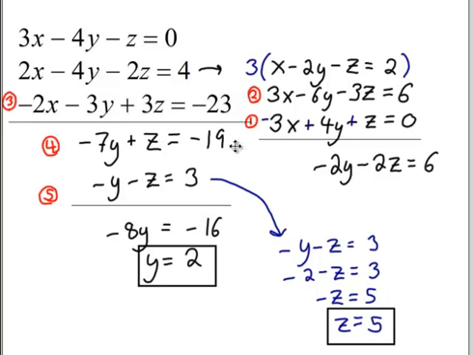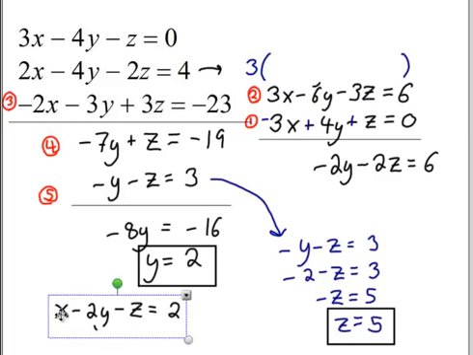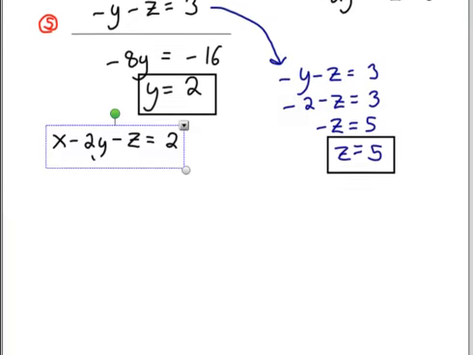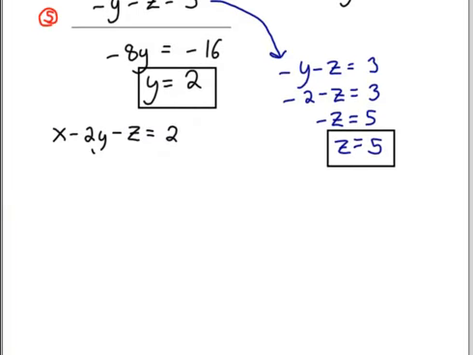What equation I'm going to use is right here. I can see that this equation, before I multiplied it by 3, had x by itself. So let's use this equation and solve for x. So I'm going to bring this down here, and I'm going to solve for my x.